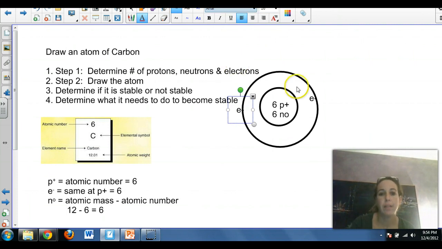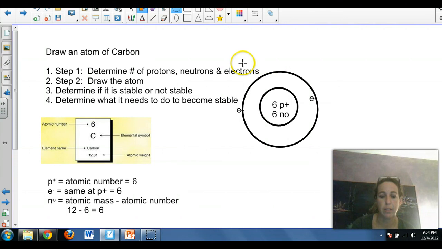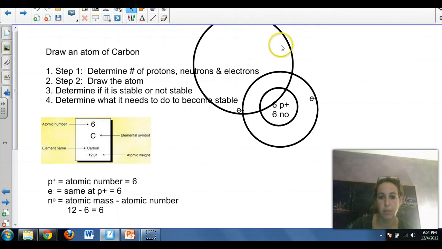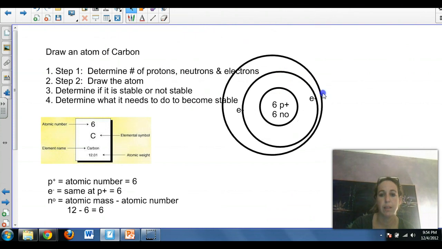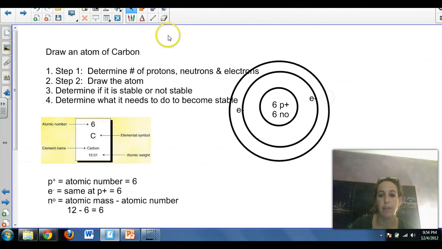All right, so is that all the electrons I have? If you take a look, you have 6 electrons here, and we have already used 2, so we have 4 left, so 6 minus 2. So I need to go on to my second electron shell, and how many can that hold? Right, it can hold 8, and then I only have 4 though.